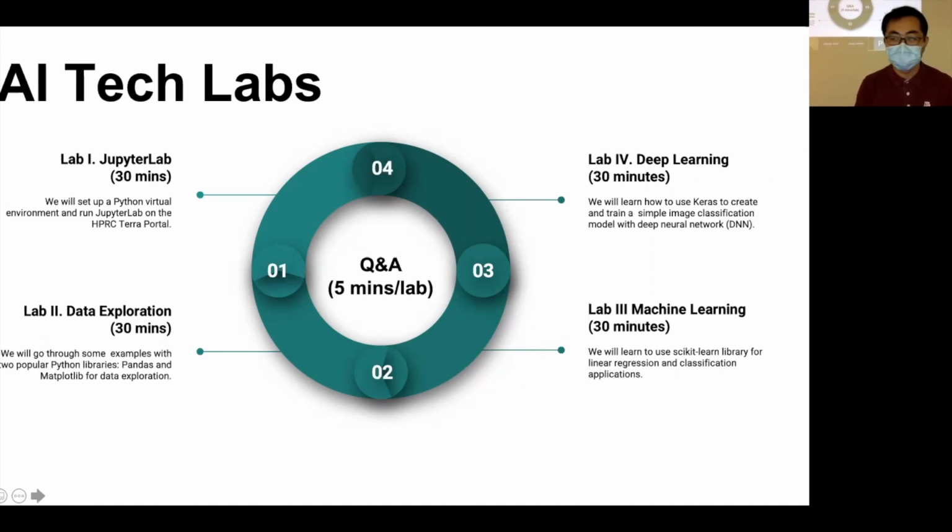After lecturing for each lab session, I will open several breakout rooms. I'm not sure how many students there are now in the classroom, and I think we have about 24 students on Zoom.